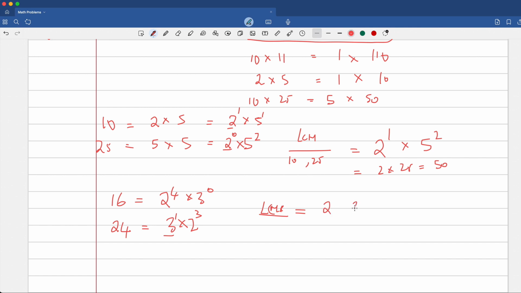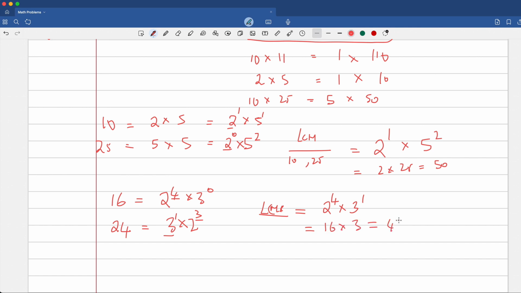a multiple of 2, and a multiple of 3. But which power of 2 is going to be there? I mean, not a multiple, an exponent of 2, a power of 2, and a power of 3. And for that, you need to fill in the maximum value, that's 2 power 4, and the maximum of the powers between 0 and 1, which is 1. So in other words, it's nothing but 16 times 3.